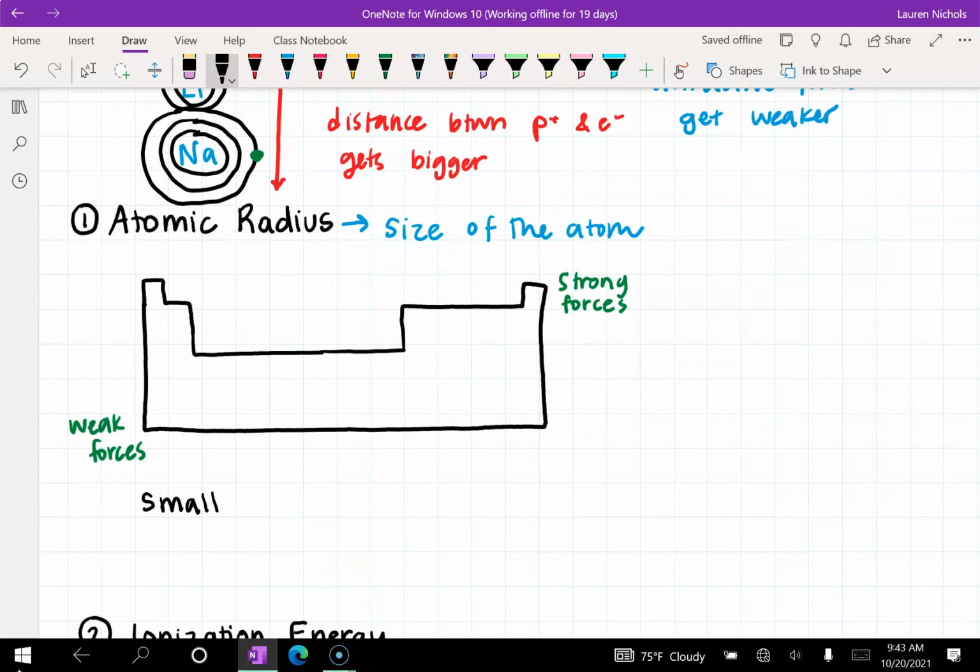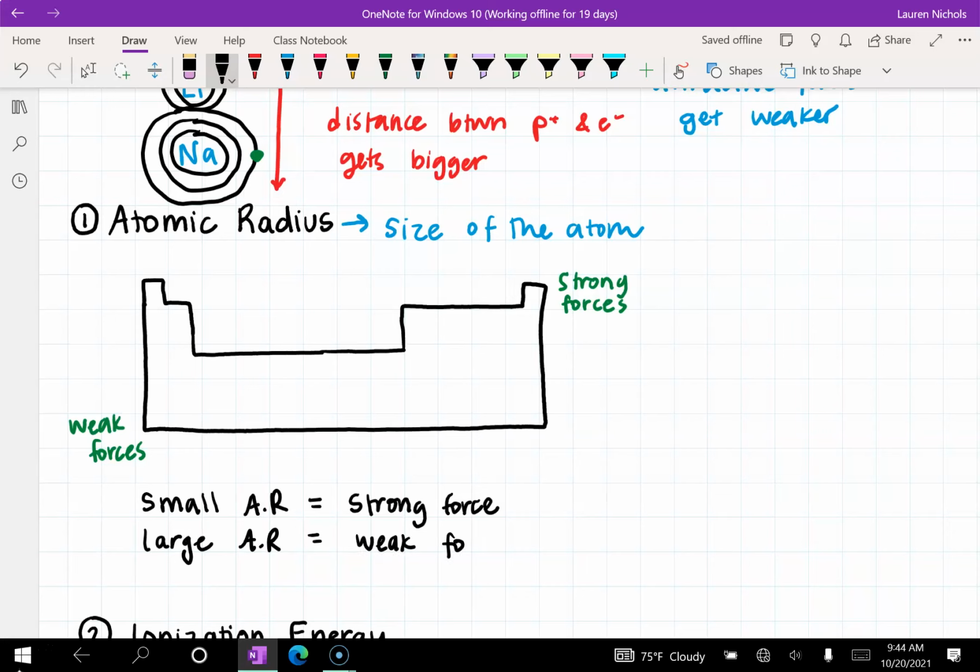If you have a small atomic radius, that means you have a strong force because the protons are pulling the electrons in tightly. It's kind of like when you pull really tightly on a belt, it makes the size of the belt smaller. And so if you have a large atomic radius, that means you have a weak force.